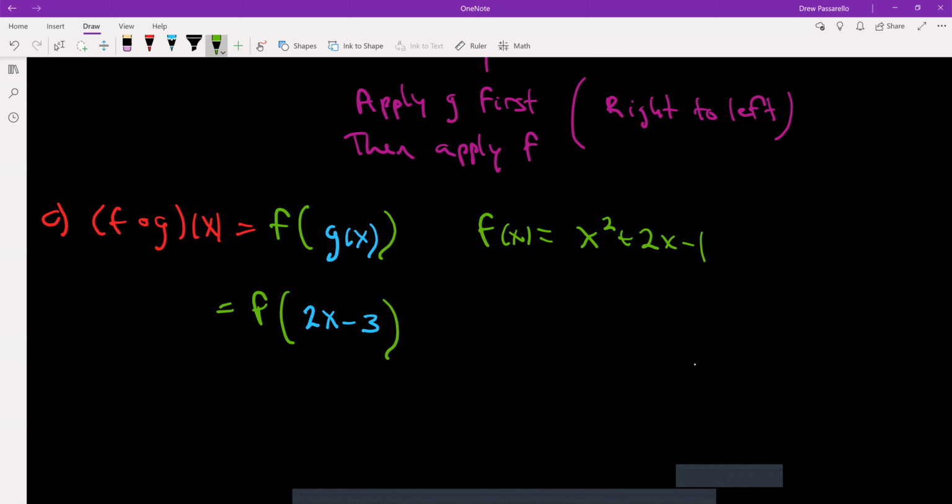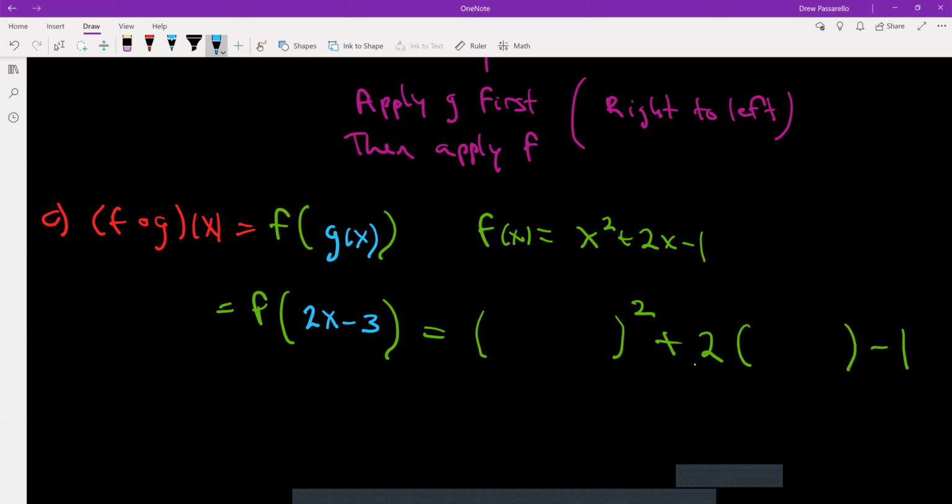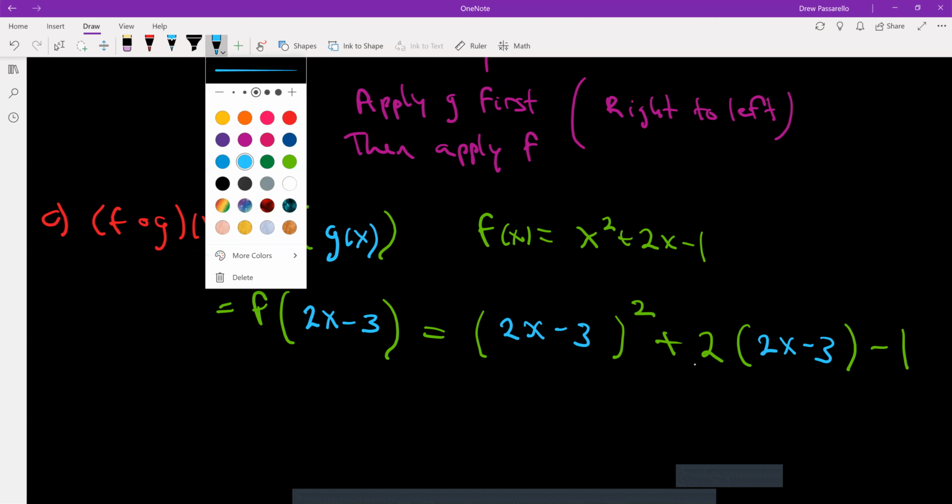So that's going to equal something squared plus 2 times something minus 1. And what I put in these parentheses is what g was. So that's going to be 2x minus 3 squared plus 2 times 2x minus 3. And then I just go about simplifying it.